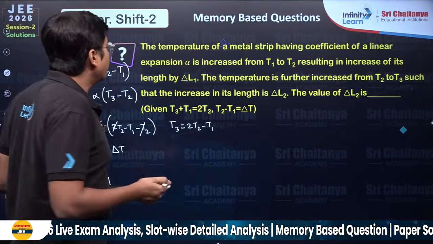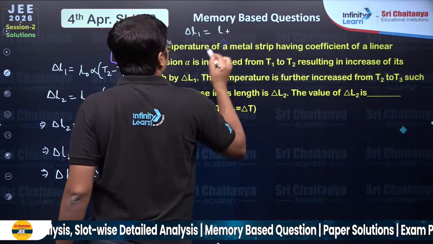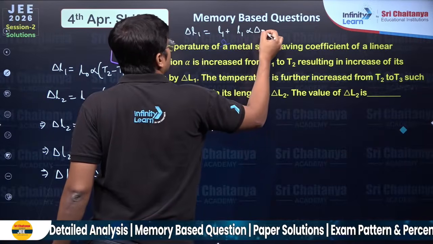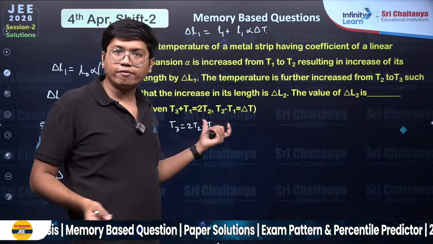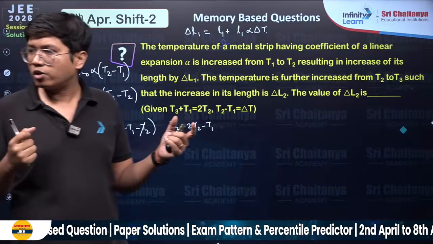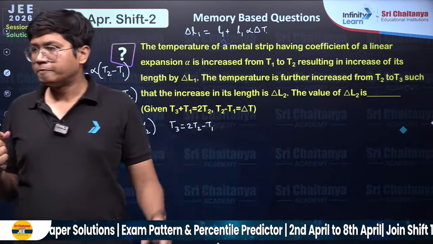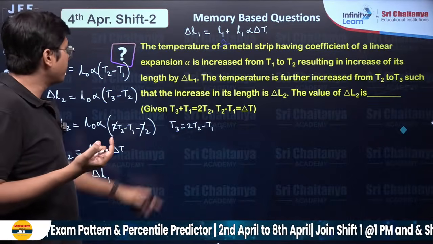If an L1 would have been given, you could have delta L1 is equal to L1 alpha delta T, right? You could have that, and from there you can plug in L1 if need be. But I think an L value might have been given in the question.